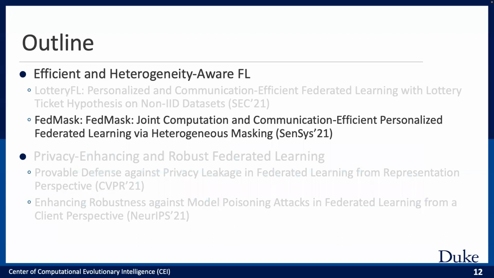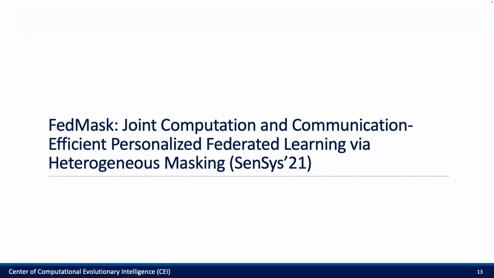Then we have another paper about FedMask. It's very similar in idea, but we want to do one more thing, which is to further reduce the communication costs associated with the training, and also the computation.